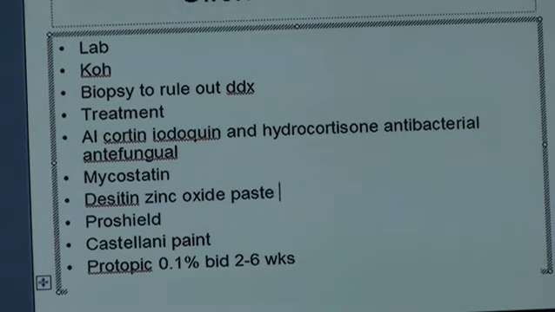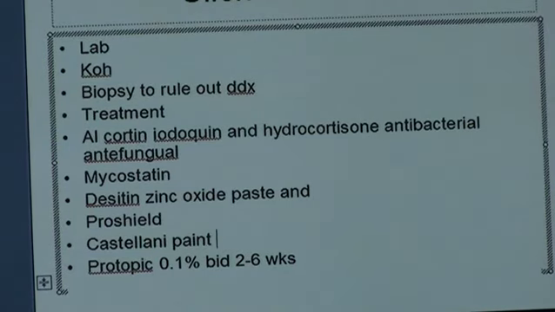Then there's Castellani's paint. If you've ever seen that, it looks like a red paint. It's a drying agent. It's purple, and it stains very badly too. Basically it's phenol, water, alcohol, and acetone.